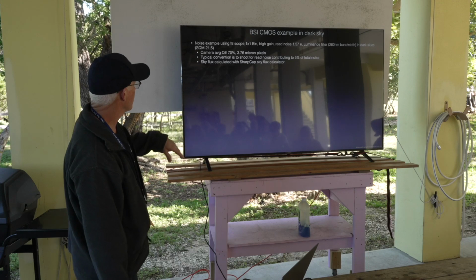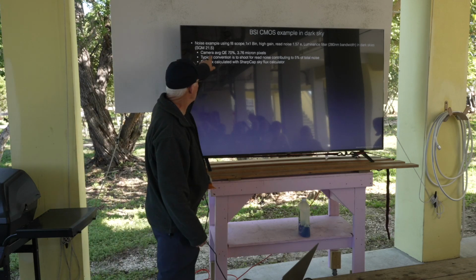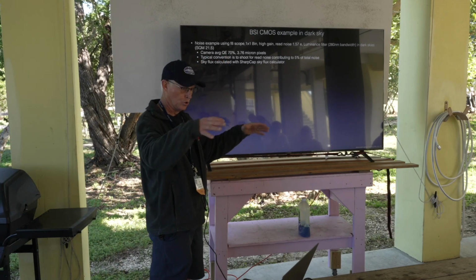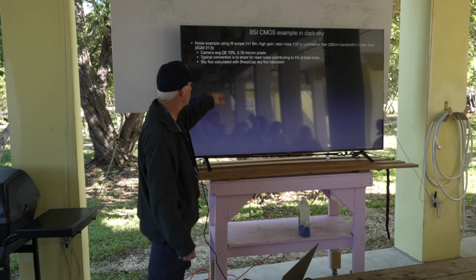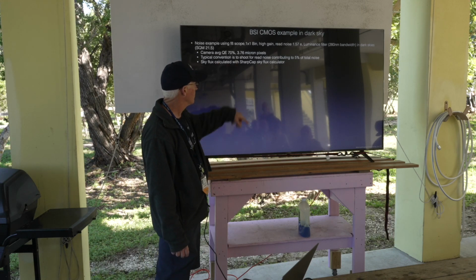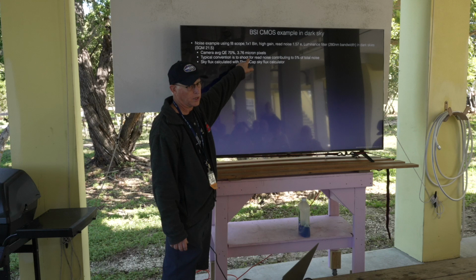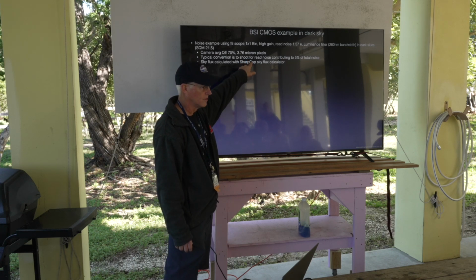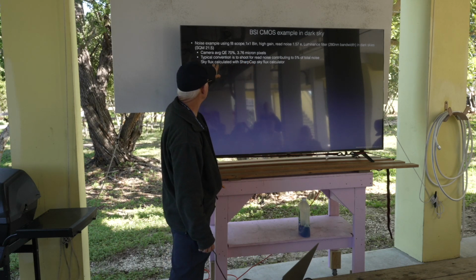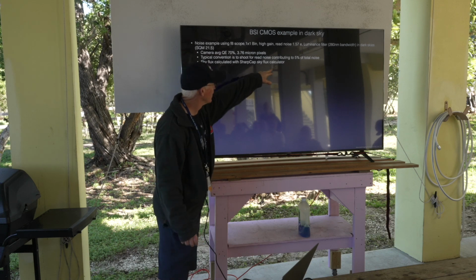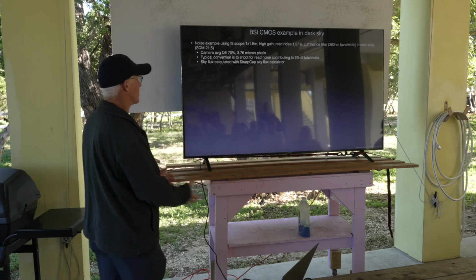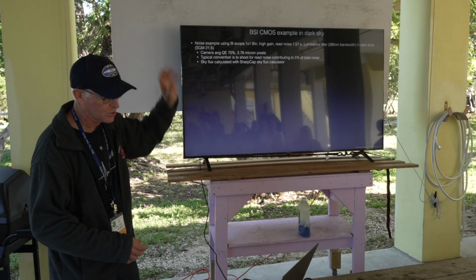Same filter. The average QE across the entire luminance bandwidth of the filter is about 70%, but I got tiny little pixels, so they're not going to collect a lot of light, right? And we're going to look for that 5% total noise in our system, and we're going to calculate the sky electron rate the same way.